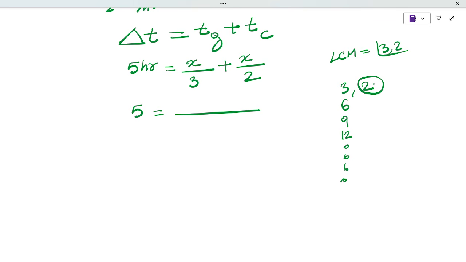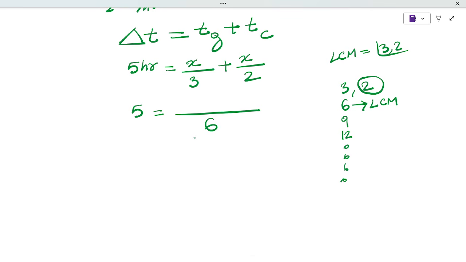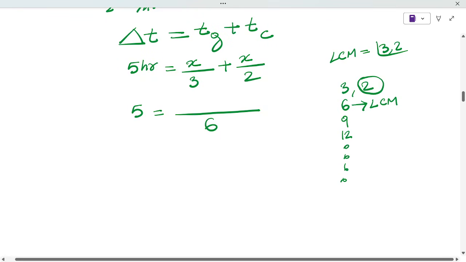Is 3 divisible by 2? No. Is 6 divisible by 2? Yes. So the LCM is 6. If you know this style, you don't even need pen and paper to find the LCM.